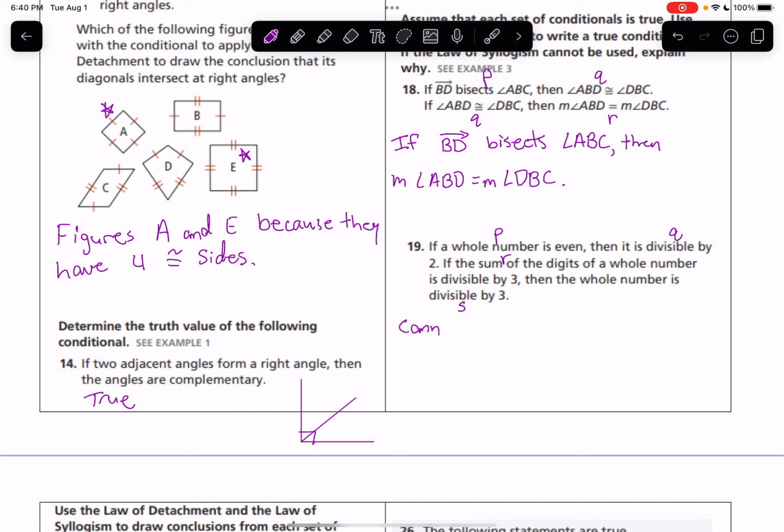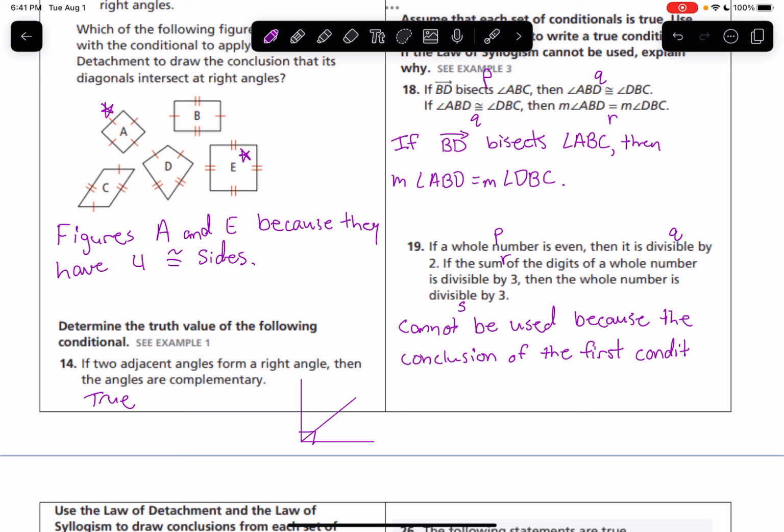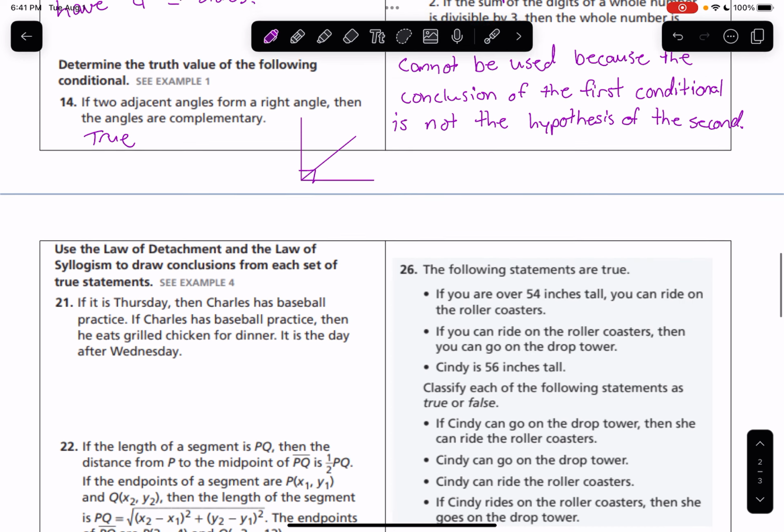So the law of syllogism cannot be used because the conclusion of the first conditional is not the hypothesis of the second.